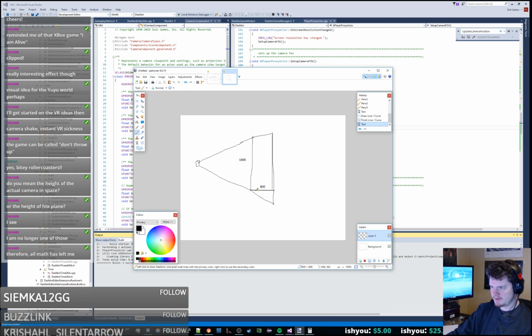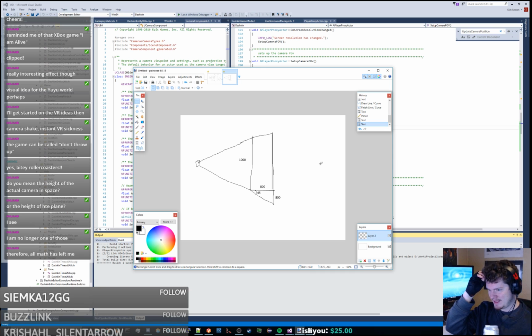We still know that this angle is 45. So therefore, this distance also has to be 800. So it's basically 800 in both directions.